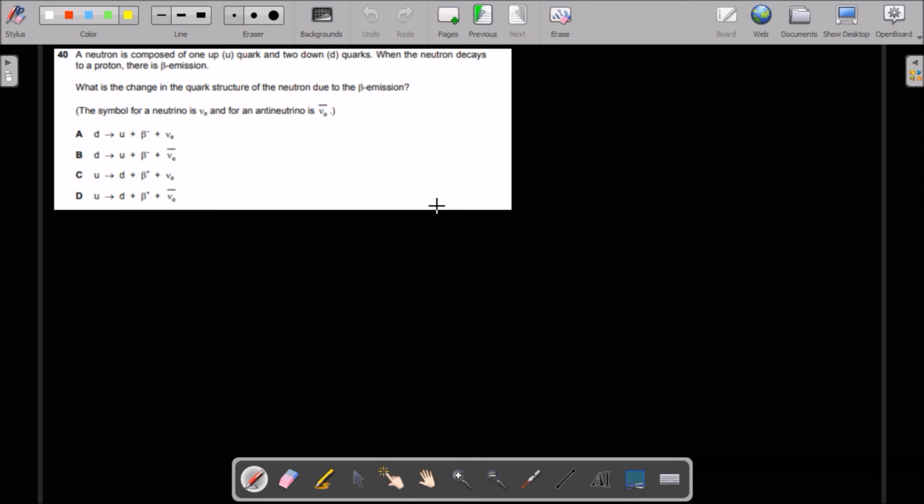We know that a neutron, 1, 0, when it decays, gives a proton, p 1 1, plus an electron plus an antineutrino. This is for beta emission.